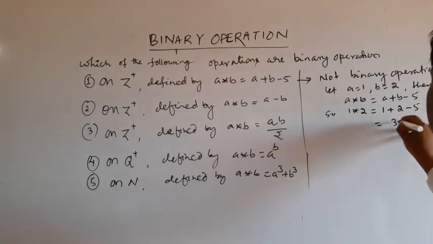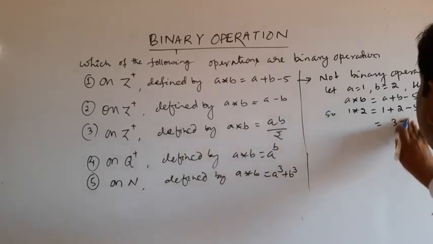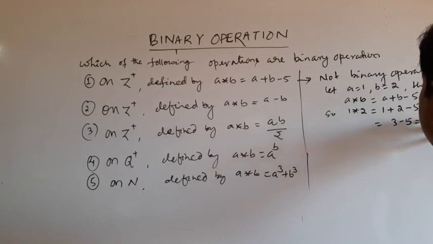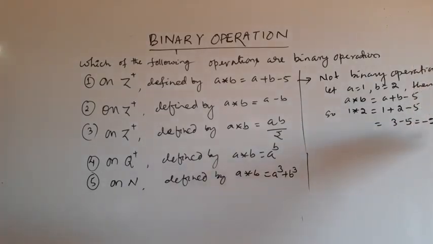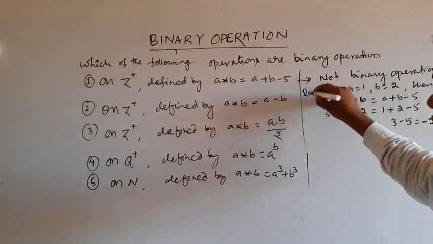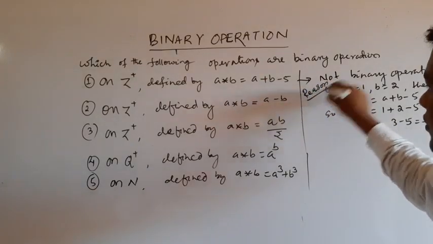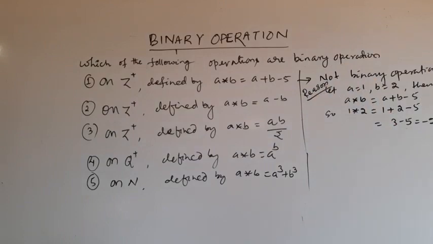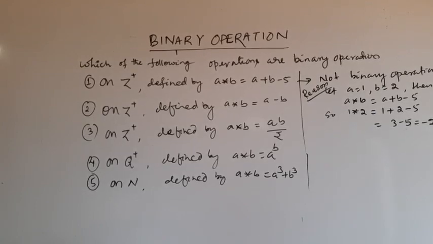So this is 3 minus 5, which is minus 2, not belonging to Z plus. So this is not a binary operation. This is the reason. Clear? The first one is not a binary operation.